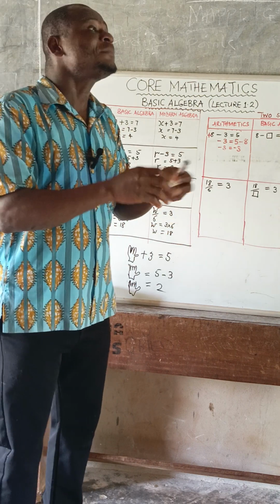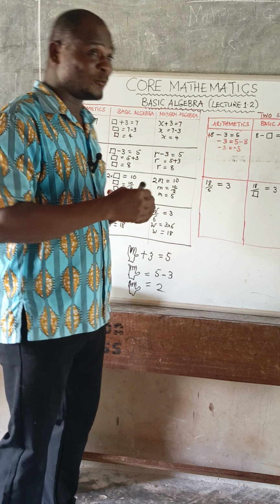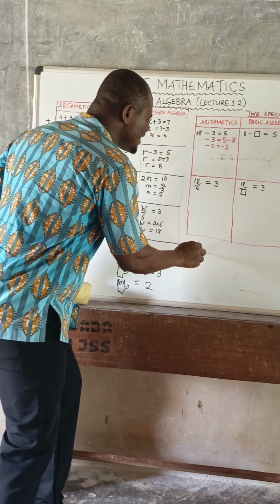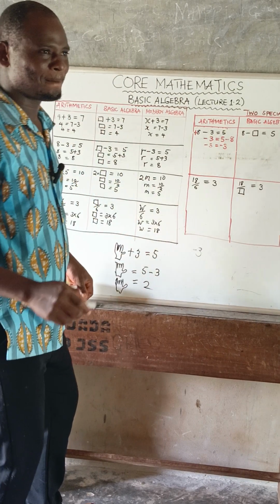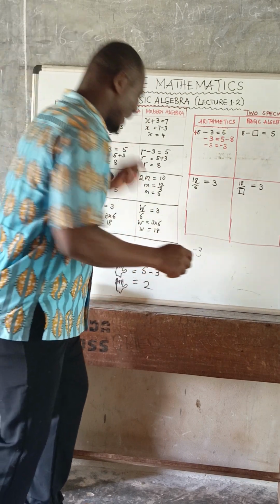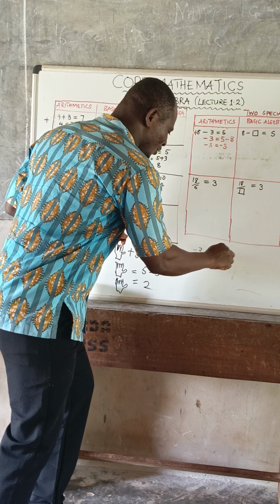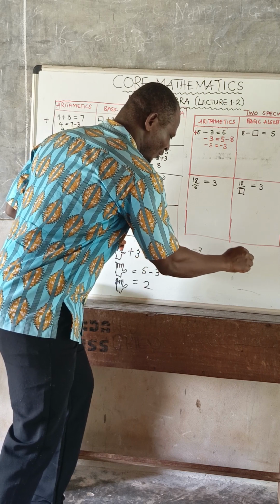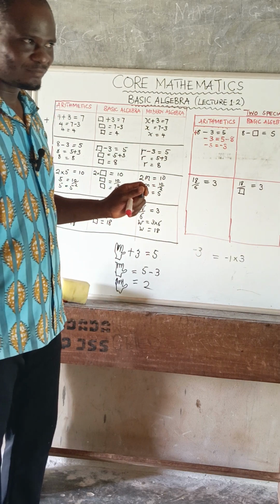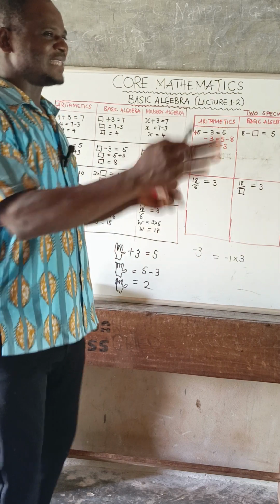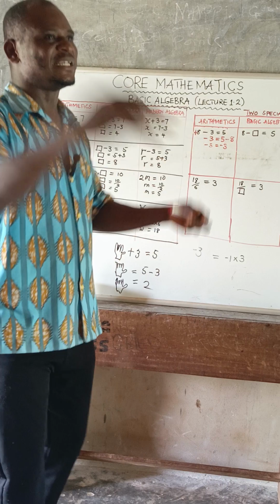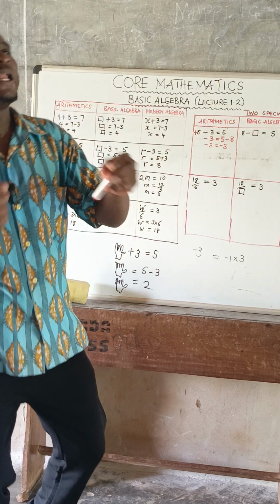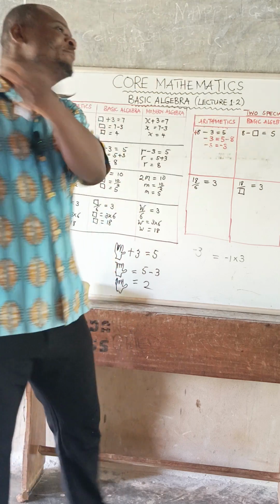It is something we know again in mathematics that every negative number can be written as the product of negative 1 and a positive of that number. Negative 1 times 10 is negative 10. Negative 1 times 50, negative 50. Every negative number can be written as negative 1 multiplying a positive part of the number.